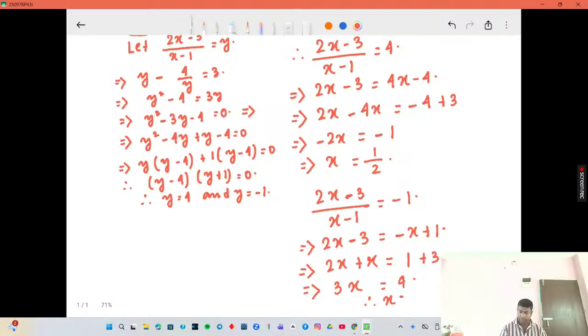Therefore, x is equal to 4 by 3. So we can see that the roots of the given equation are half and 4 by 3.